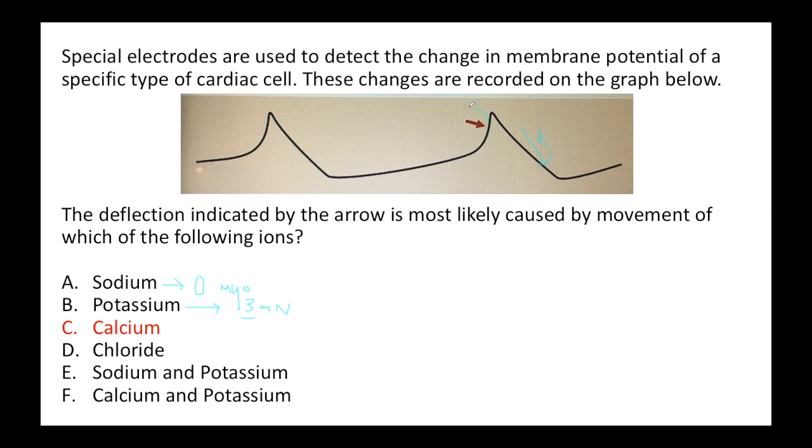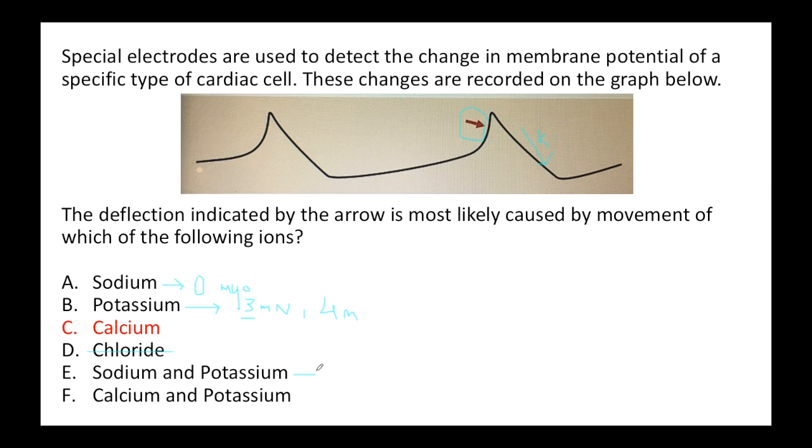Calcium we just talked about here. Could you also say potassium for phase 4 of the myocyte? Because it is permeable for potassium channel. That is true. I would say that for myocyte also. Chloride isn't even relevant in our action potentials here, so we're not going to talk about that for our cardiac cells.